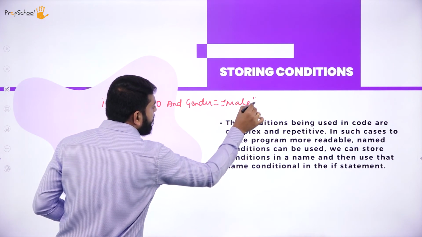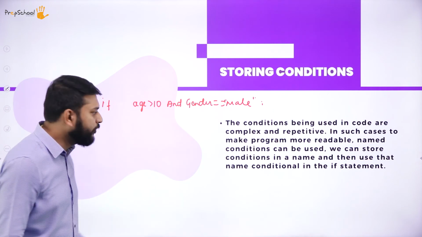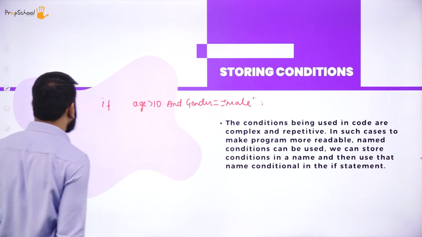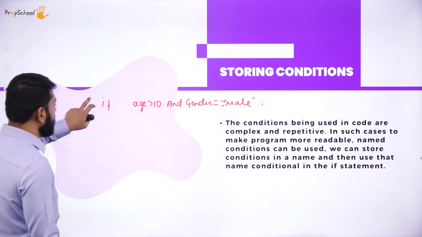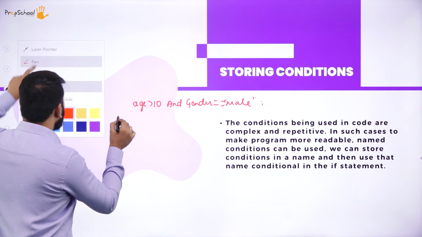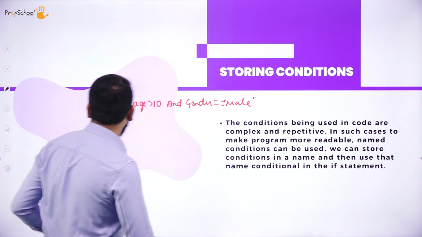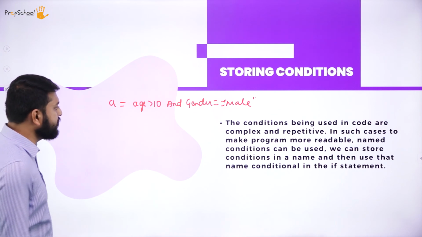It's very difficult to represent such a big condition. So instead of writing like this in the if statement, I will assign it to a variable. I'll write a is equal to this condition.